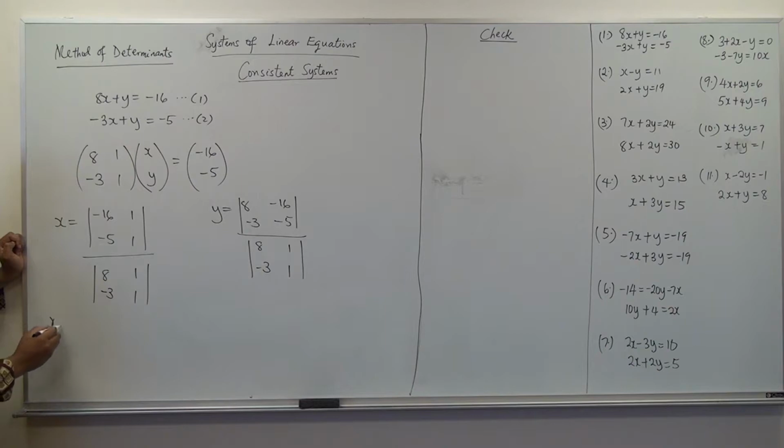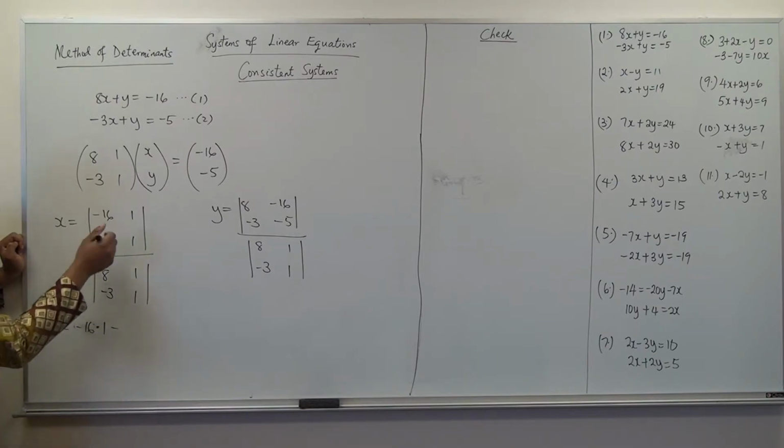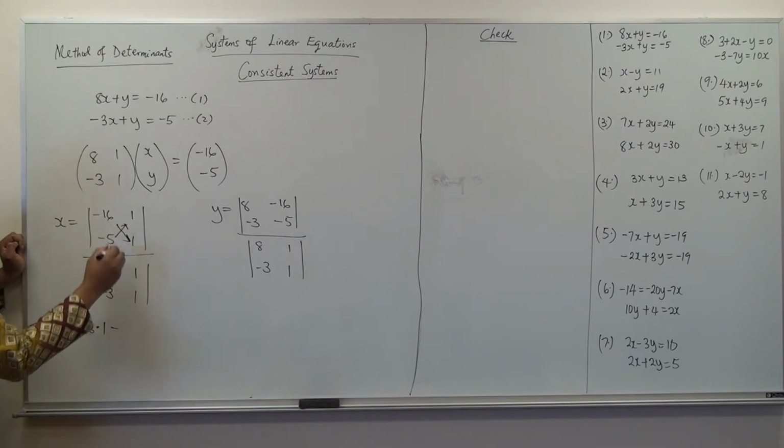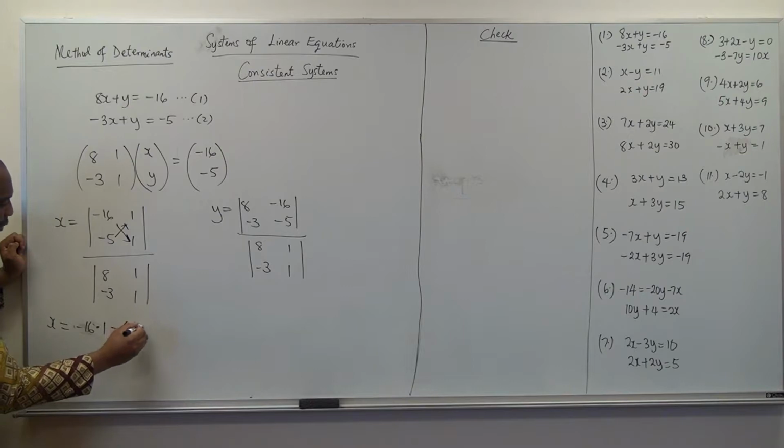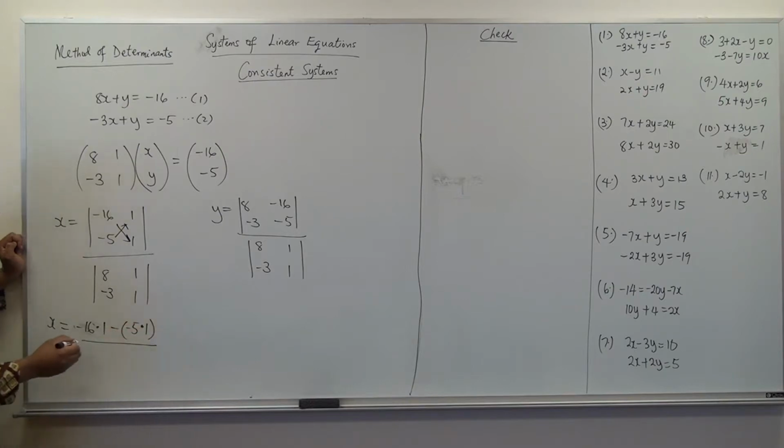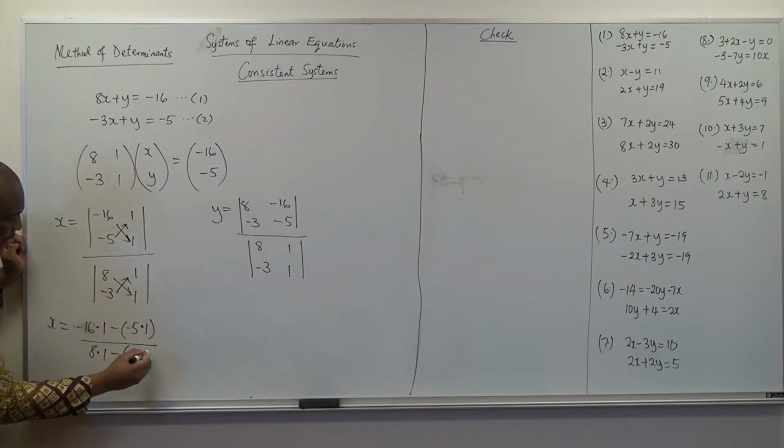So this becomes that x will now be equal to -16 times 1, minus, remember what we did earlier on, minus -5 times 1, all over 8 times 1, minus -3 times 1.